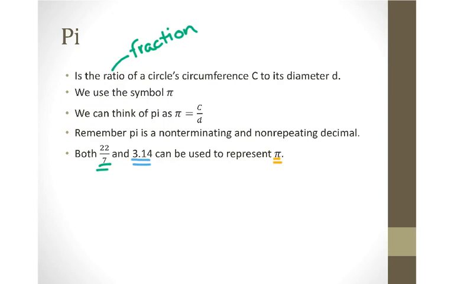So you guys are going to have to make sure that you're paying close attention to the directions that I'm giving you to make sure that you're using the correct representation of pi. But for the most part, 3.14 is the most common one that we're going to be using.